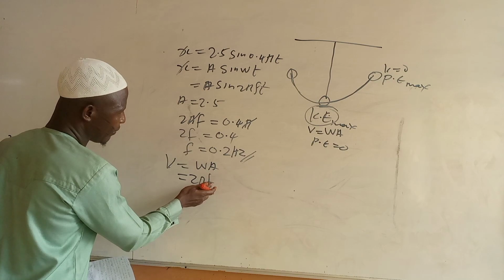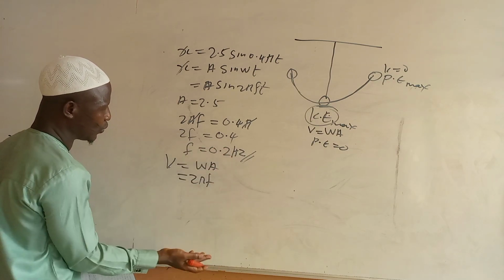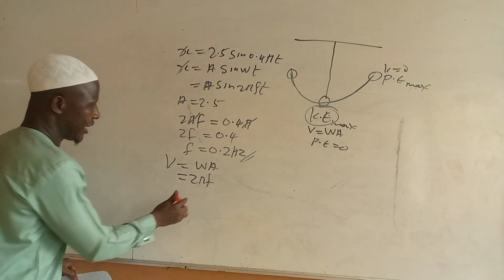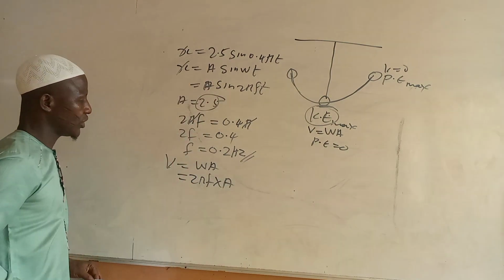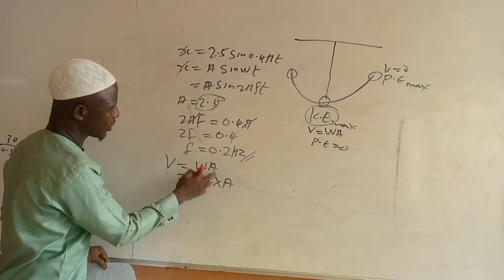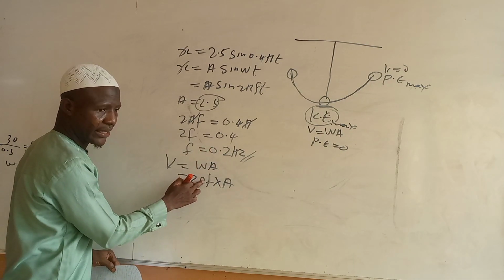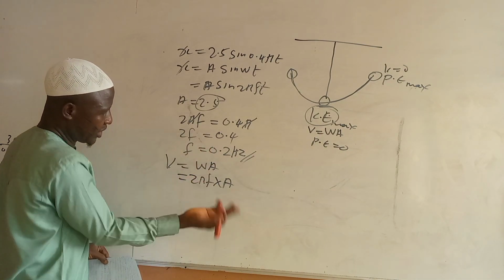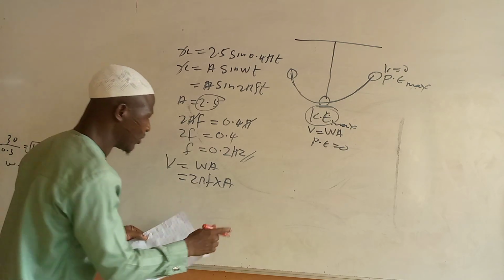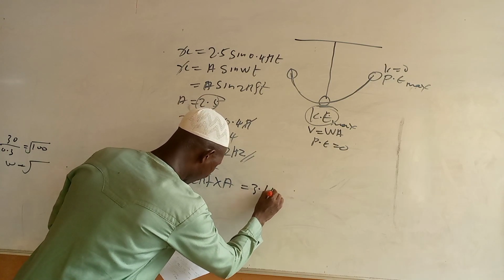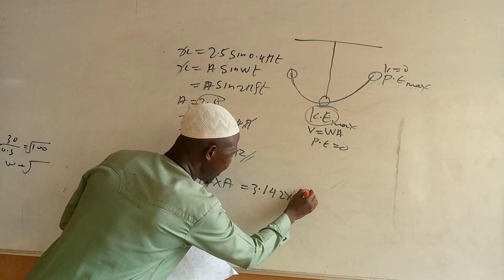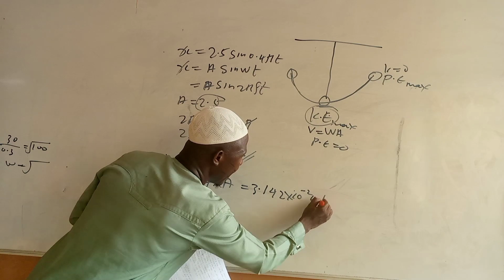Then F, we have calculated it, is 0.2. Then multiply by A, the amplitude. So substitute for A, substitute for F, pi 3.142. That's all. So at the end of the day, you are going to get your final answer to be 3.142 times 10 raised to minus 2 meter per second.